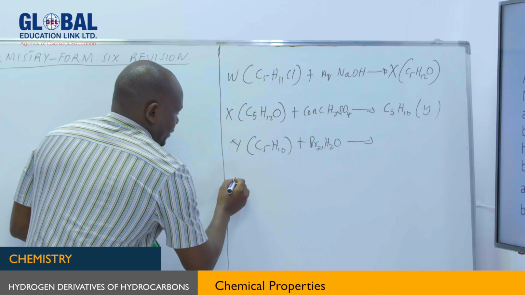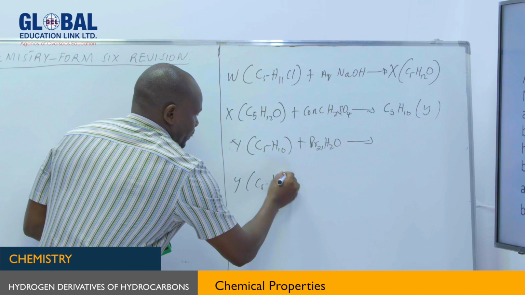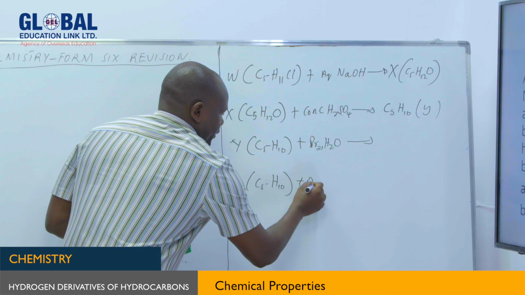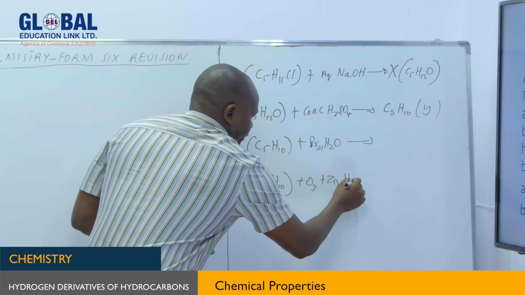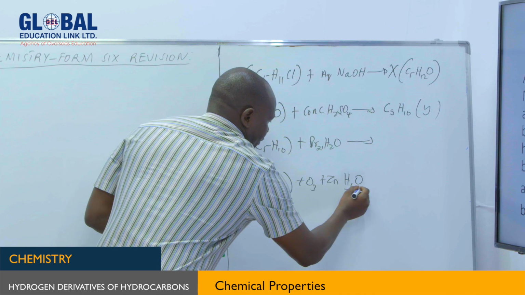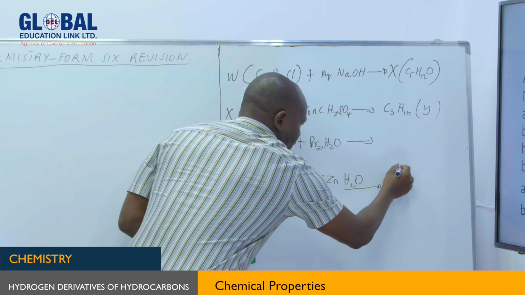So if this is Y, C5H10, it gives, on ozonolysis followed by hydrolysis, methanal. Methanal is this one.